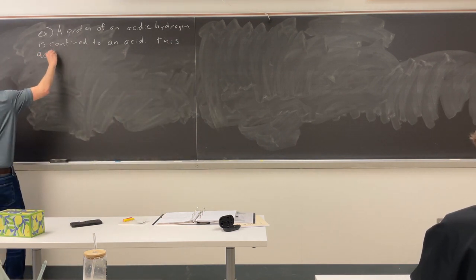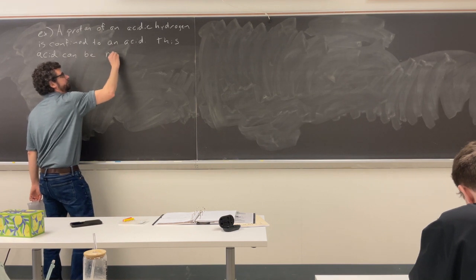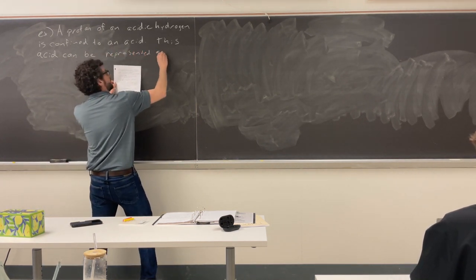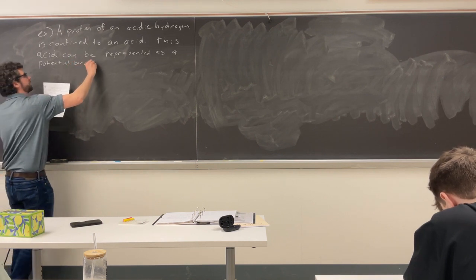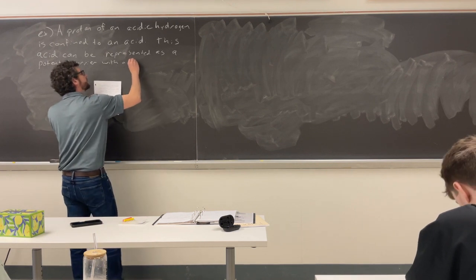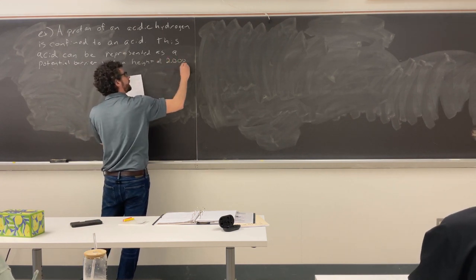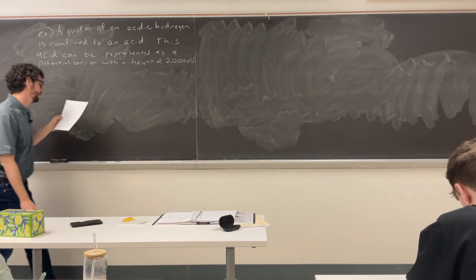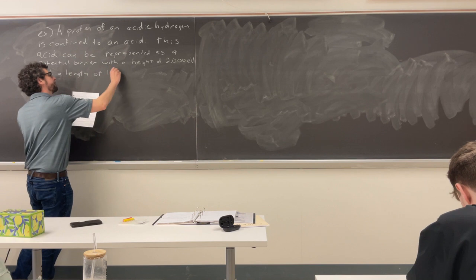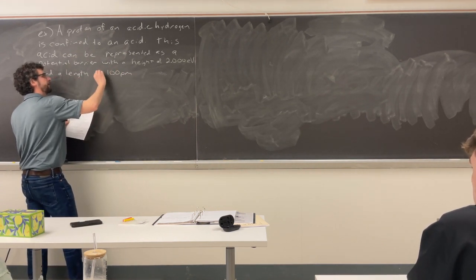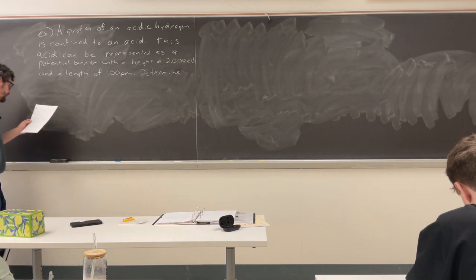This acid can be represented as a potential barrier of height 2.000 electron volts and a length of 100 picometers. Determine the probability of transmission.